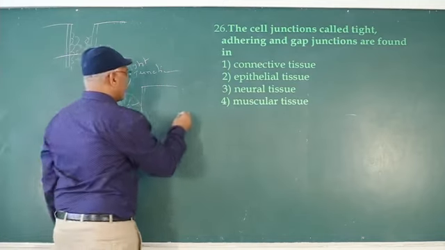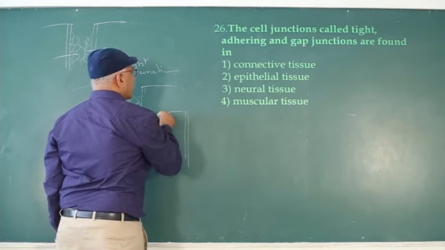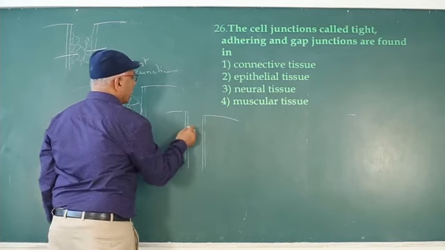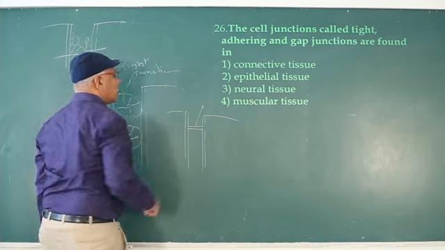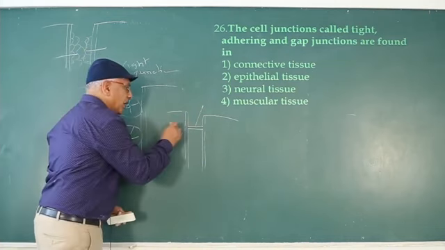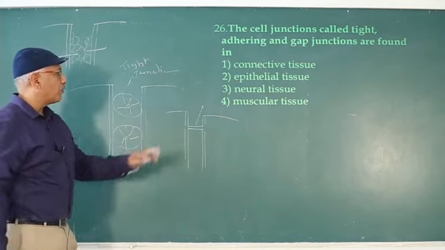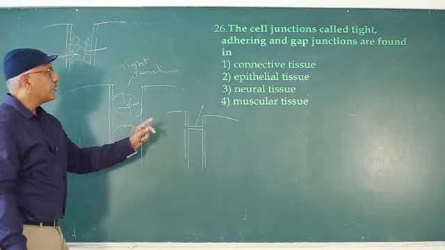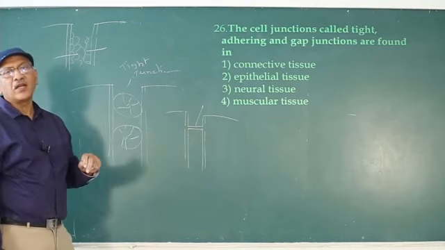What about the gap junction? Here is the plasma membrane of one cell and the plasma membrane of another cell. This is the gap junction. Gap junction allows the movement of water from one cell to the adjacent cell. That's why gap junction is also known as a cytoplasmic channel.